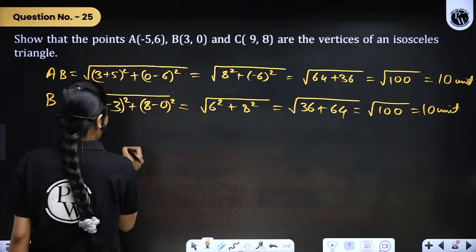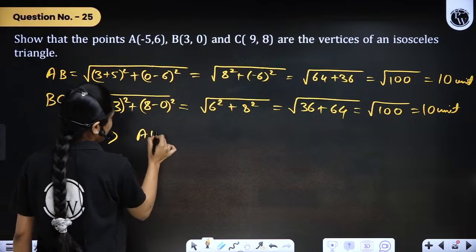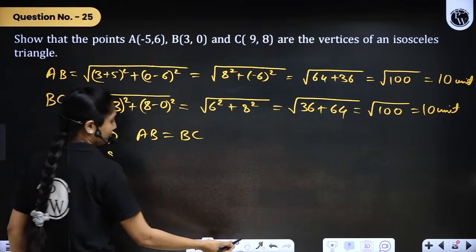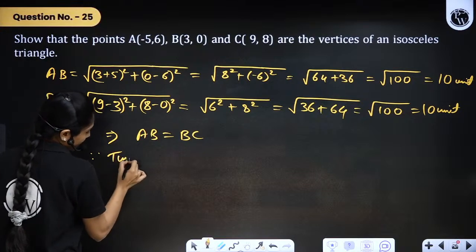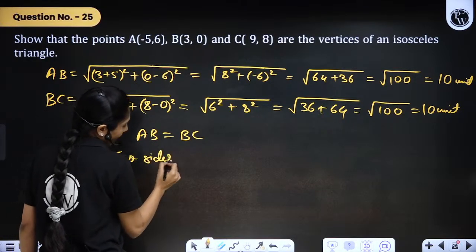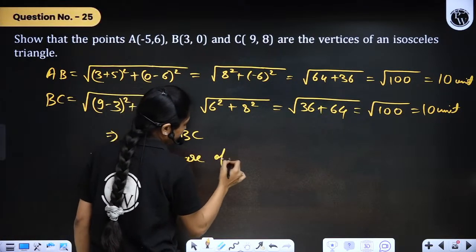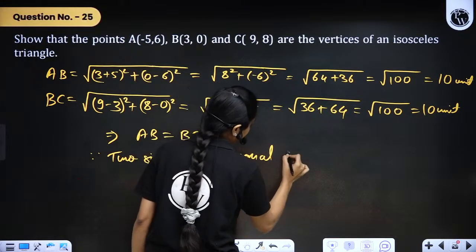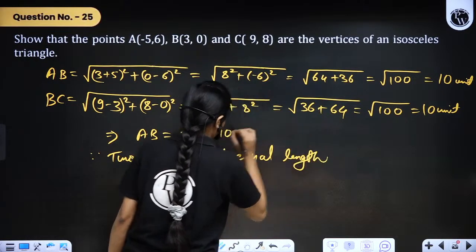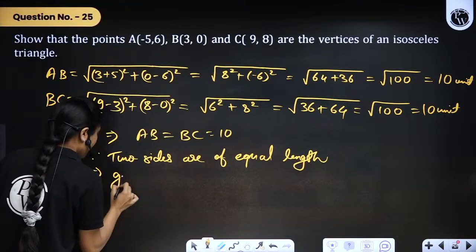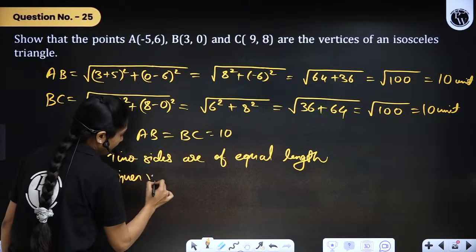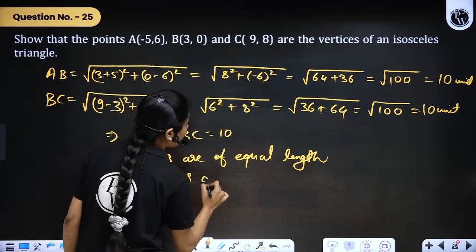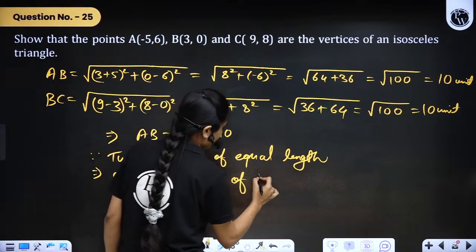Here clearly we can say that AB is equal to BC, and since two sides are of equal length, it implies the given vertices are of an isosceles triangle.